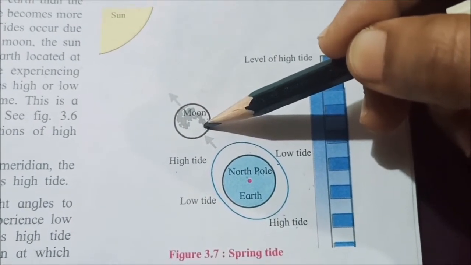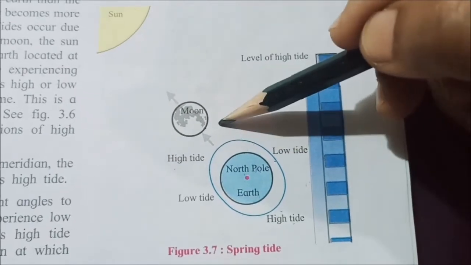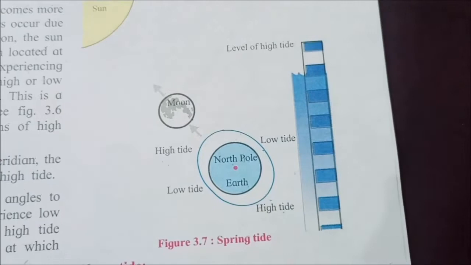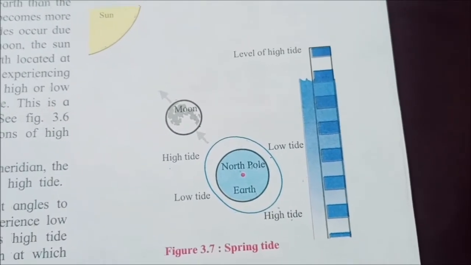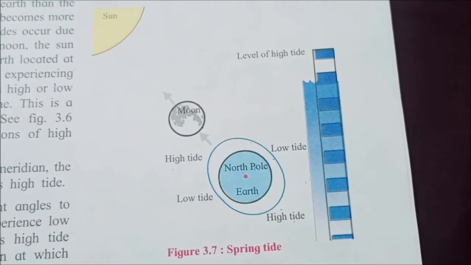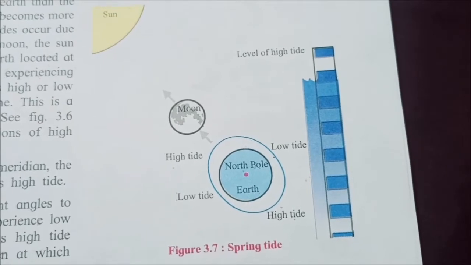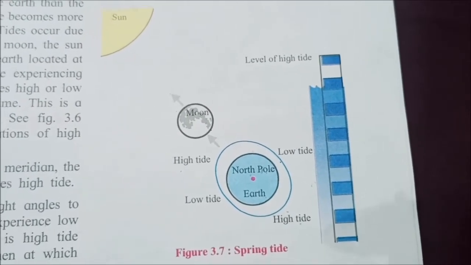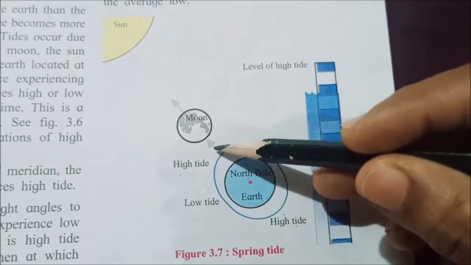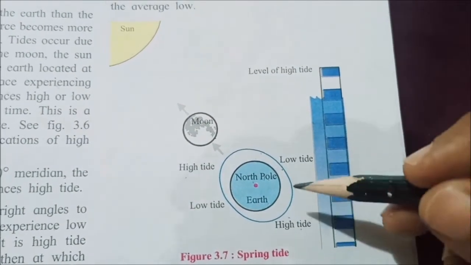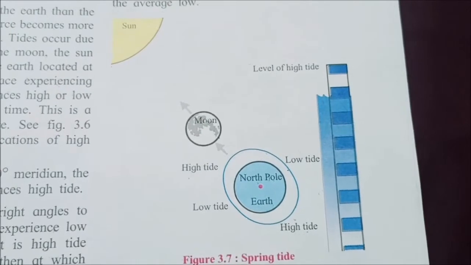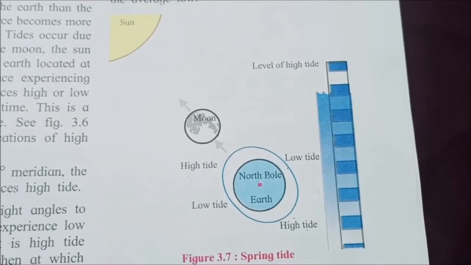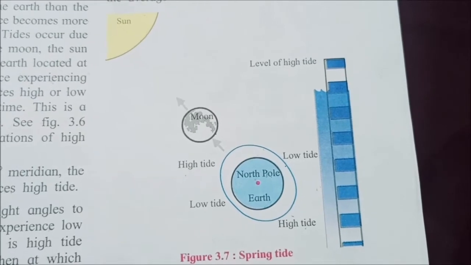The gravitational pull of the sun and the moon, here it is working in the same direction. Hence, the tide on these days is much higher than the average high tide. You can see here the bulge. This blue line around the earth shows the bulge of the water.